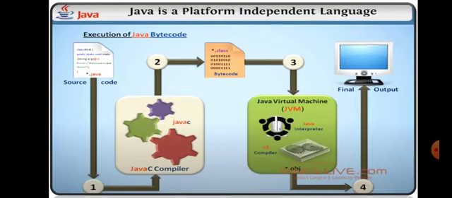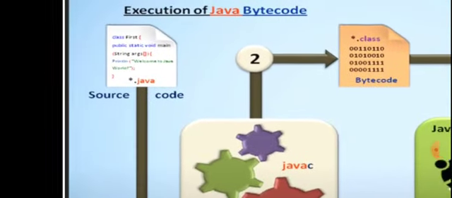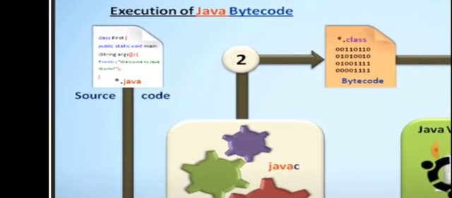Now here, this is very, very important. These steps will make you understand how Java is platform independent. The first one is the execution of Java bytecode. Here, as you can see, the source code.